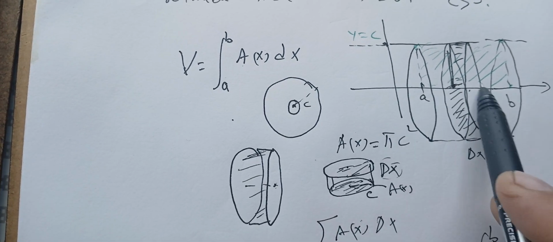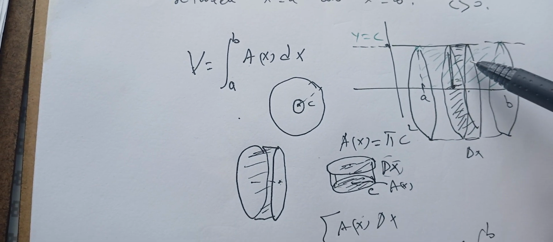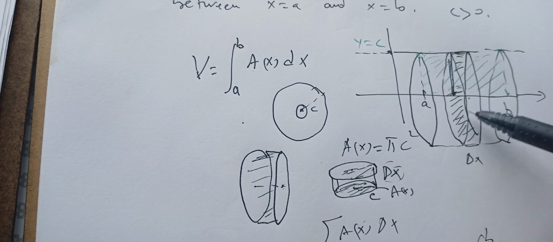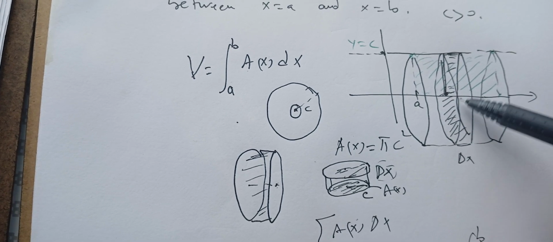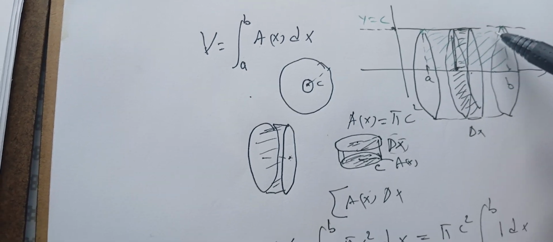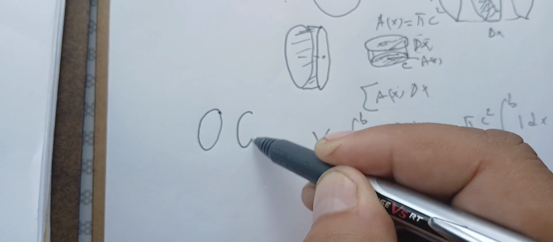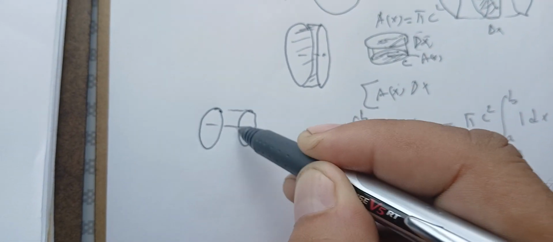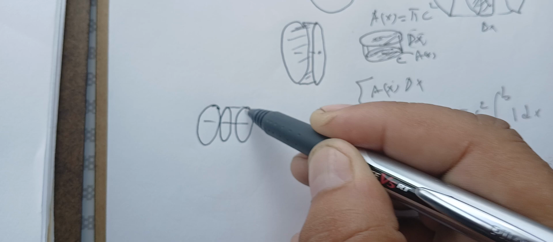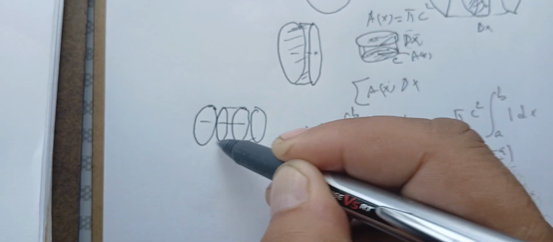The key idea is that we rotate this function here, which is constant, about the x-axis to obtain the whole volume. So we can draw it one more time here like this. When we rotate, we obtain a cylinder, and we keep adding them.